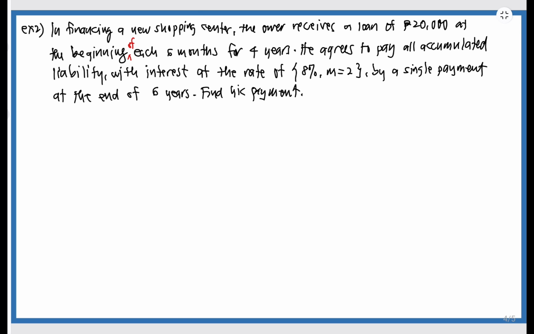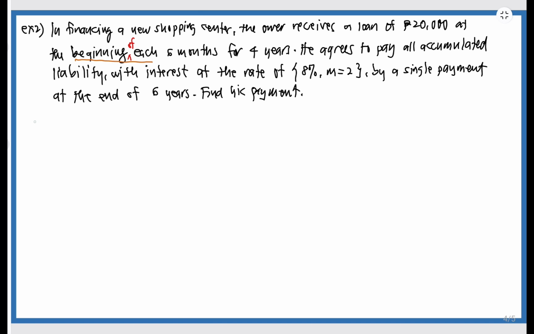And this is at the beginning, meaning annuity due. So we're going to use that formula, A double dot or S double dot. Since this is a total payment, we are going to solve for S double dot.